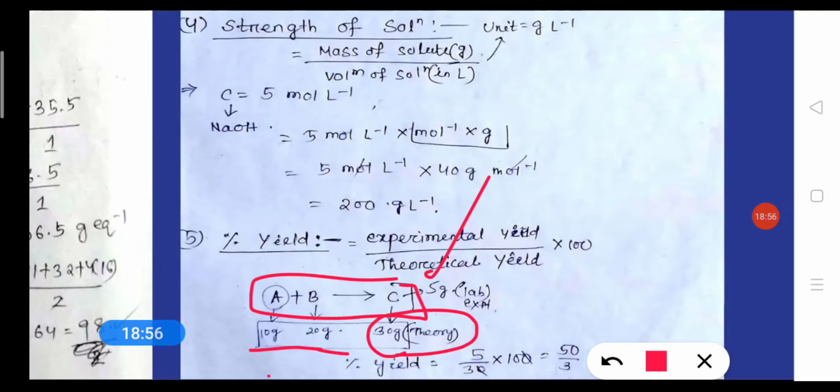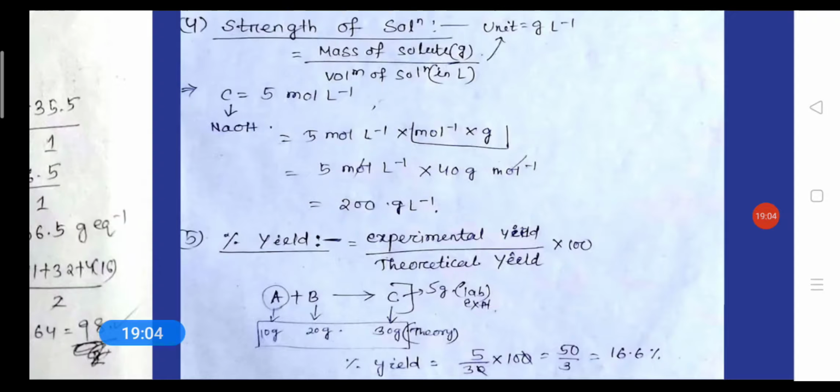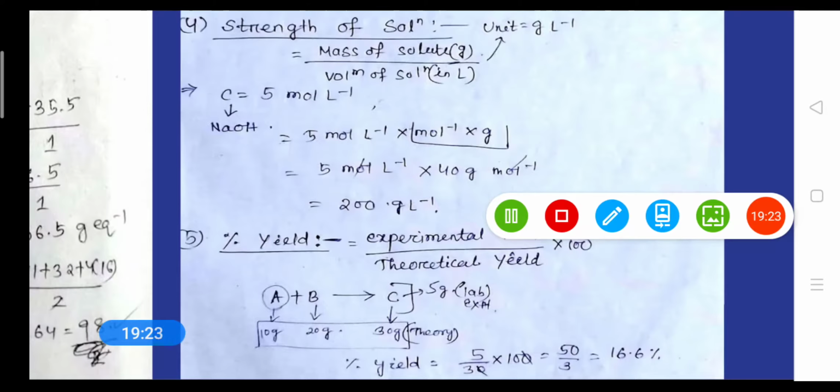In theory, on pen and paper, we can calculate its value, but what percentage of yield is obtained? Percentage yield is equal to experimental yield divided by theoretical yield into 100. Experimental yield 5 divided by theoretical yield 30 into 100 will give 16.6%.